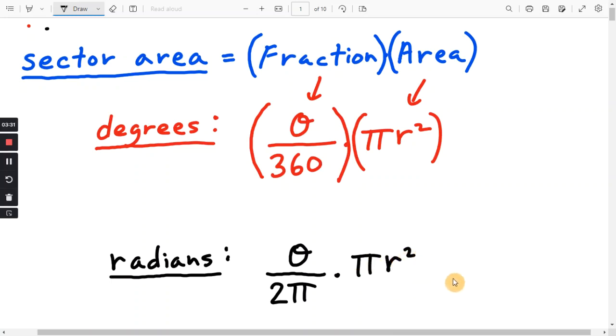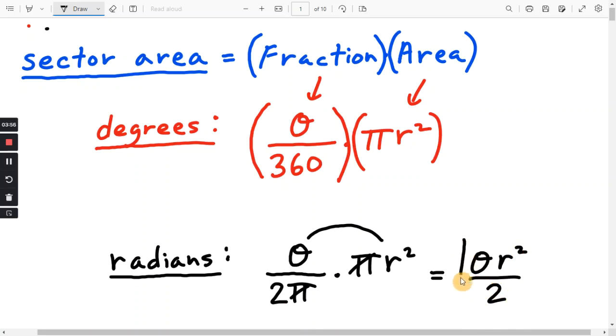Now, in this case, one item is going to cancel. This is a numerator and this is a denominator. These are multiplied, so pi divided by pi is going to cancel. In the numerator, we are left with theta times r squared, and in the denominator, we're left with 2.